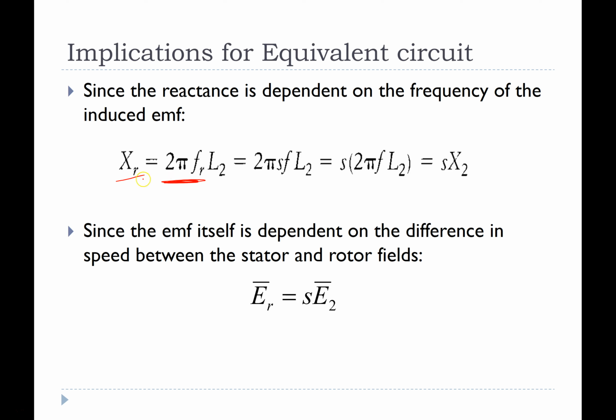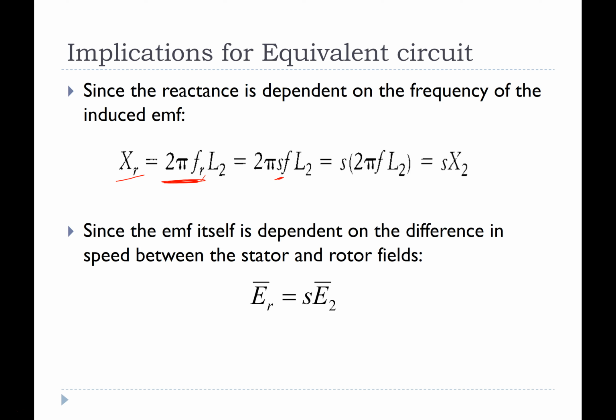So at the rotor frequency, when the rotor begins to move, the leakage reactance, for example, will be 2 pi f L, but now the f will not be the synchronous frequency, but the slip frequency, which will be s multiplied by the synchronous frequency.